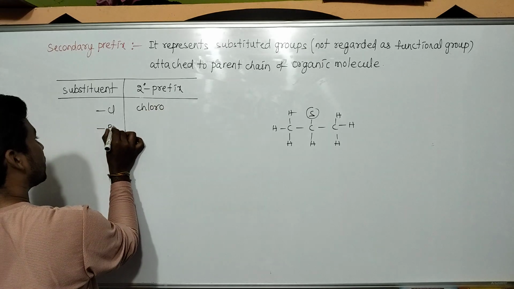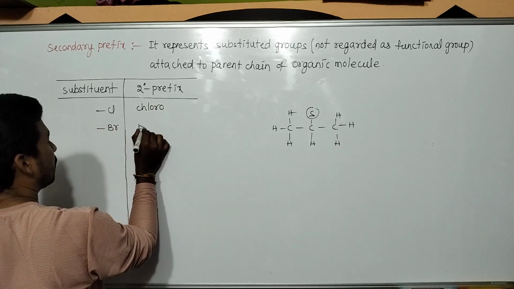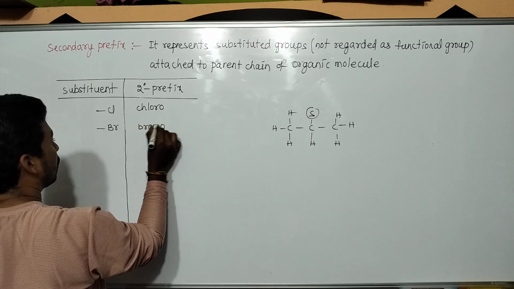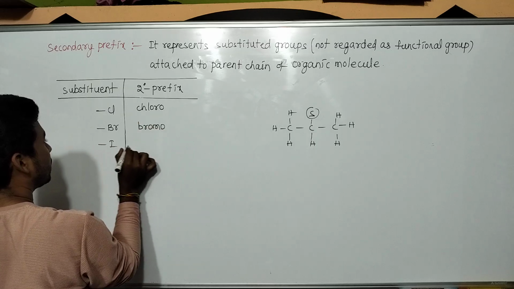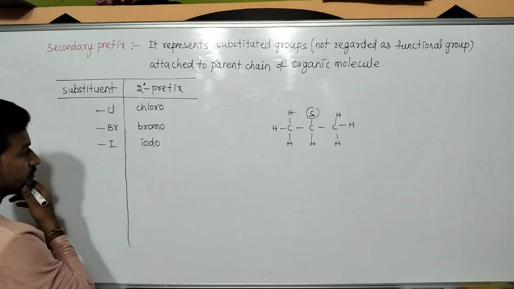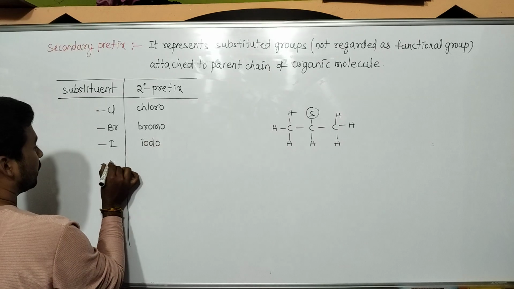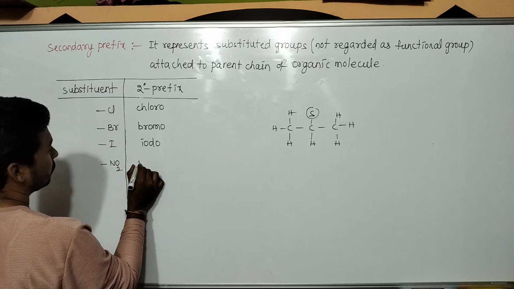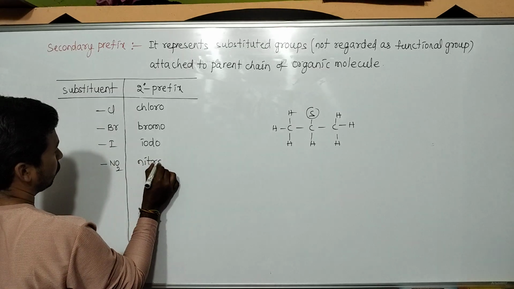If bromine substitutes hydrogen, bromo. Iodine substituting hydrogen of a carbon atom, iodo. If NO2 group substitutes, nitro.